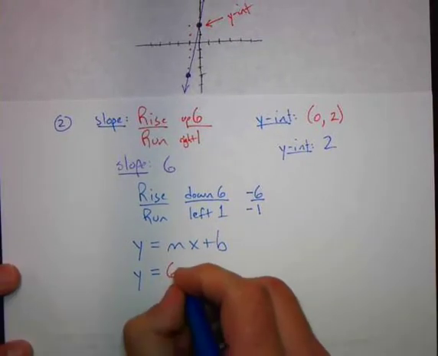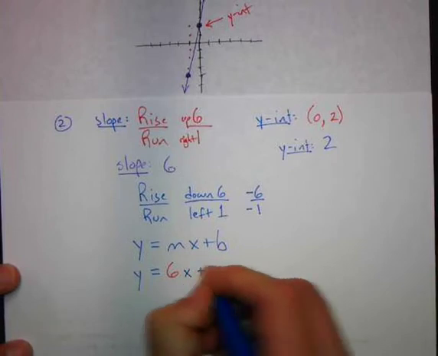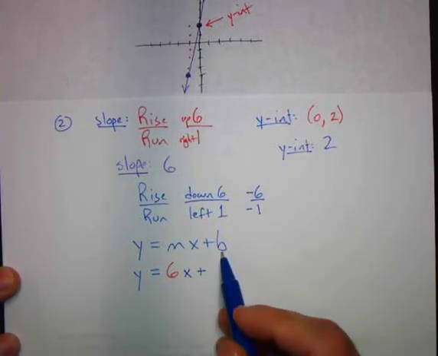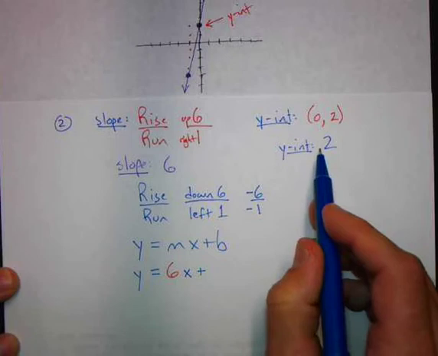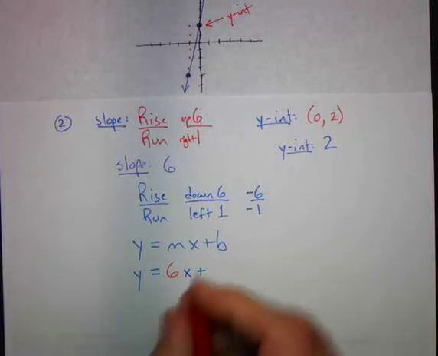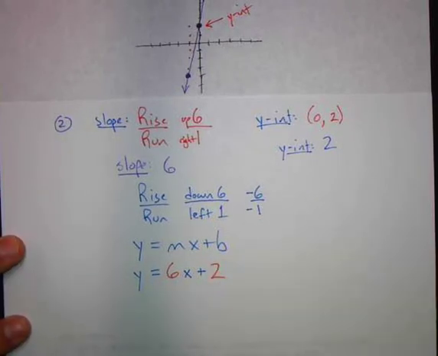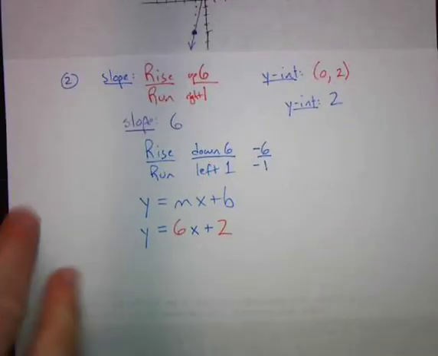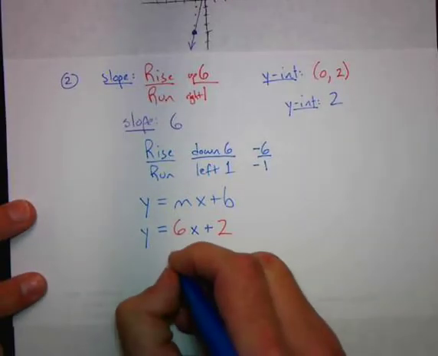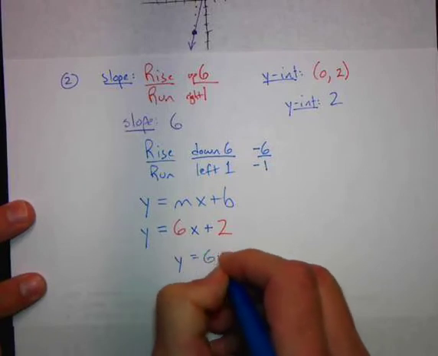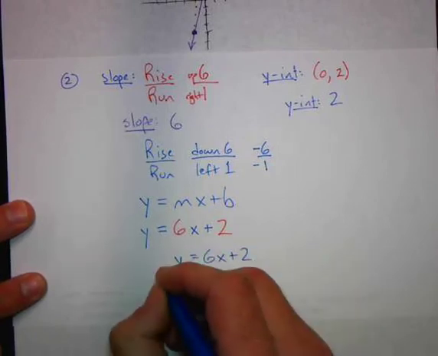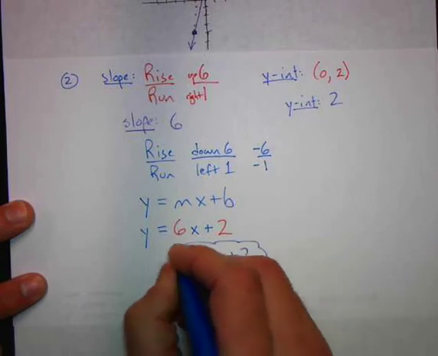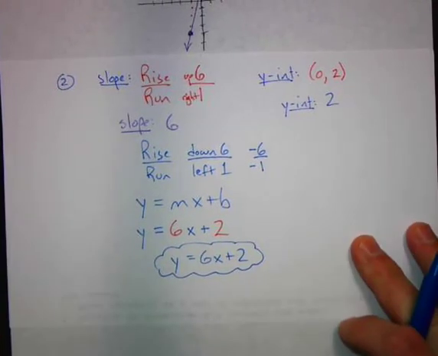The x stays x. The plus stays plus. The b is the y-intercept, which we found to be 2. And we substitute the 2. And this is the equation of the line that we're looking at. So to write it again with just one color to make it look nice and pretty. There is the equation of that line in slope-intercept form.